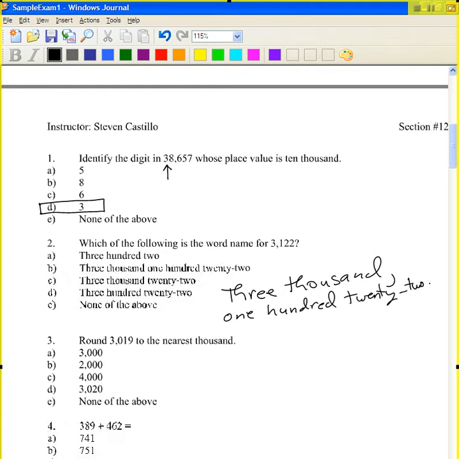And so in this case, this would be letter B. Let me do problem number 3.